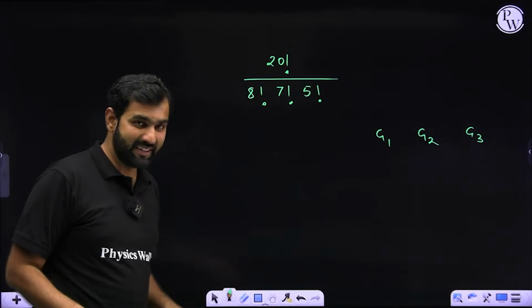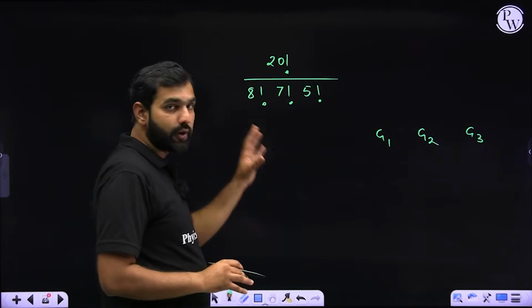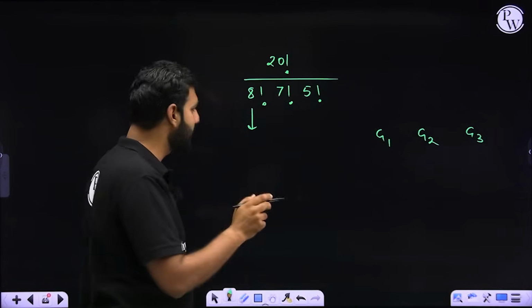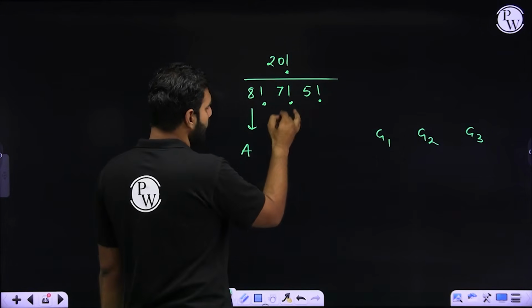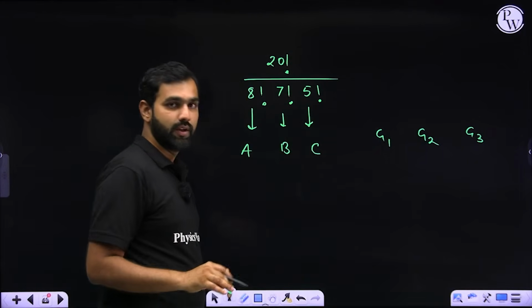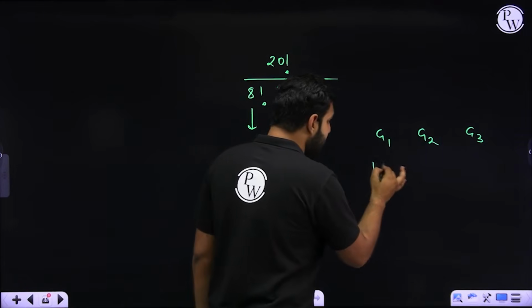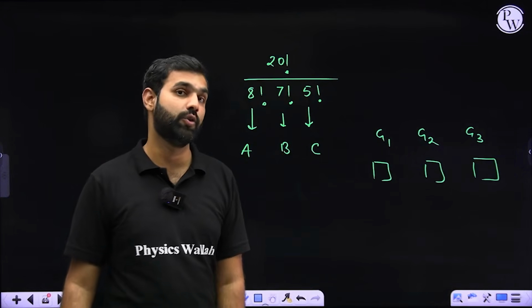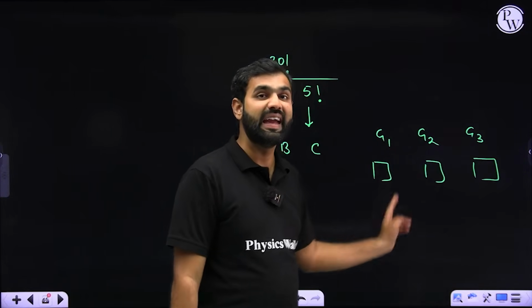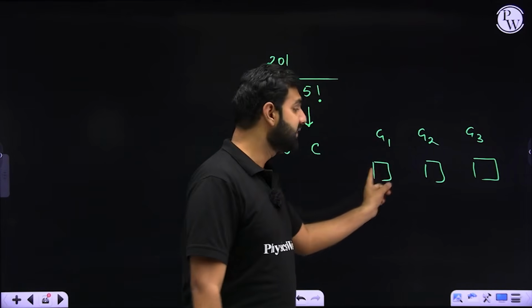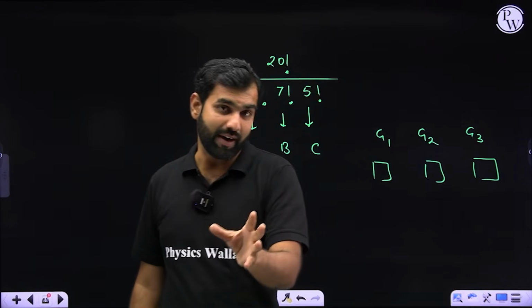Previously, let's say I'm calling the lot of 8 people A, the second lot of 7 people B and the lot of remaining 5 people C. So those A, B, C could be arranged in these 3 groups in 3 factorial ways. Do you not think? A, B, C, A, C, B, then B, C, A, B, A, C, then C, A, B, C, B, A. So there are 3 factorial, 6 ways.